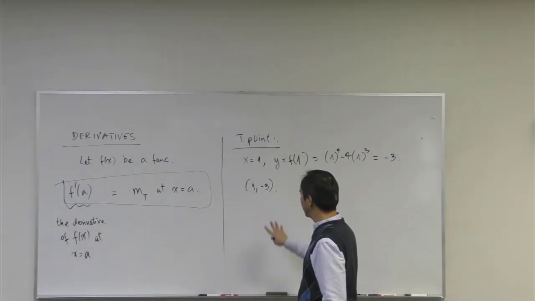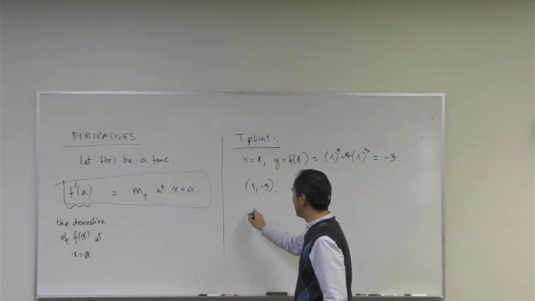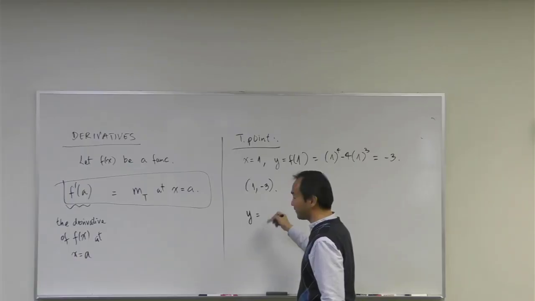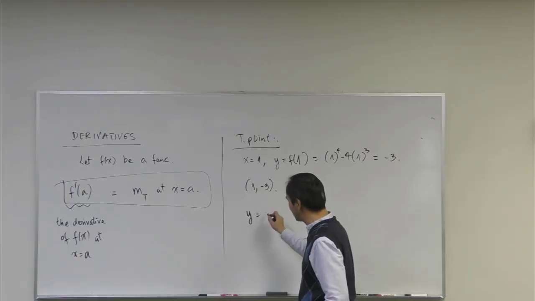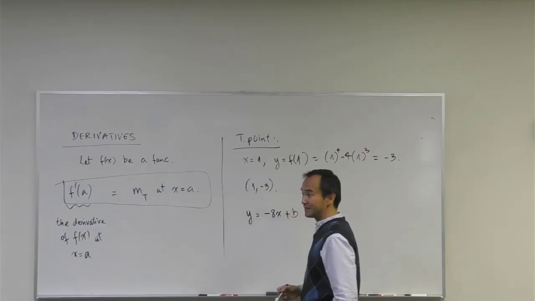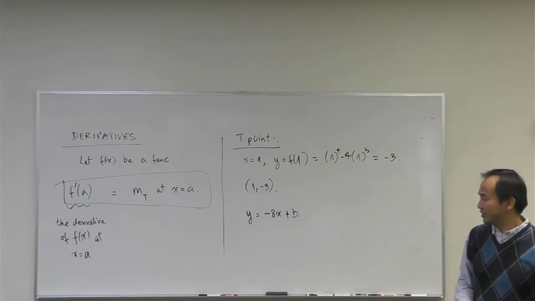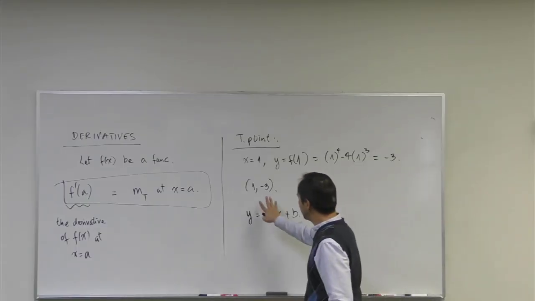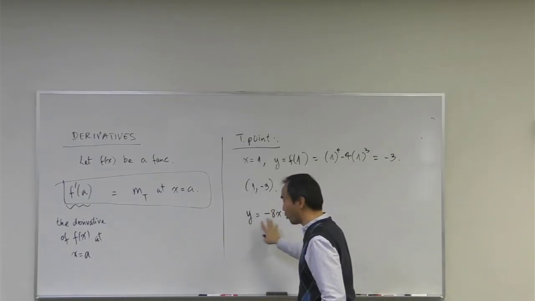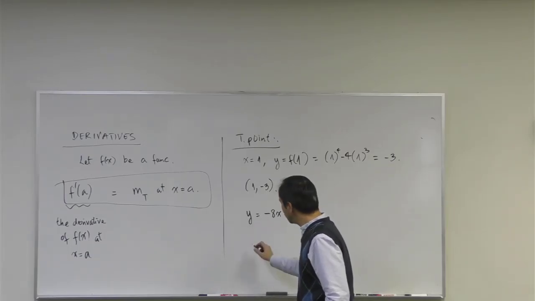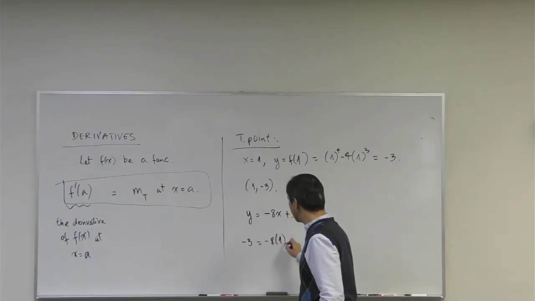Now, after getting the tangent point, and after finding the slope, our tangent line is currently y equals minus 8x plus b, right? Now I'm going to substitute this tangent point into the equation, x for x and y for y. So I'm looking at minus 3 equals negative 8 times 1, plus b.